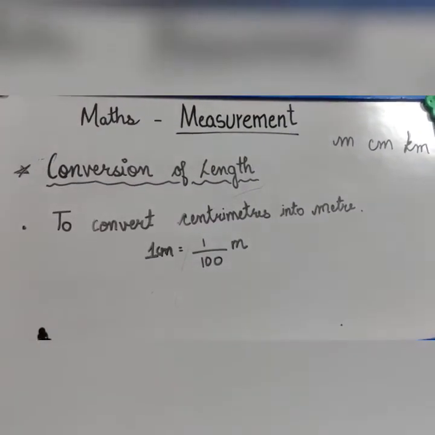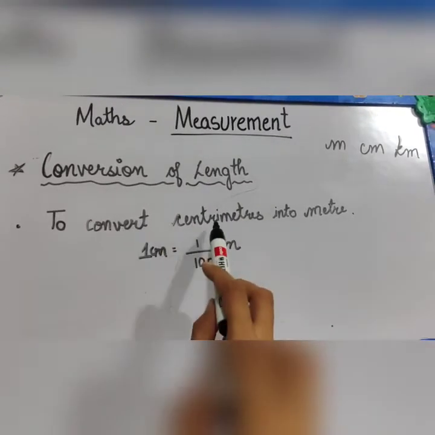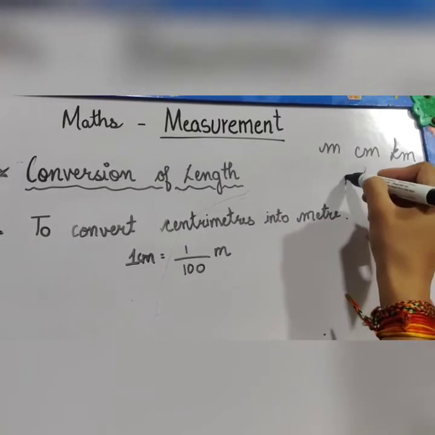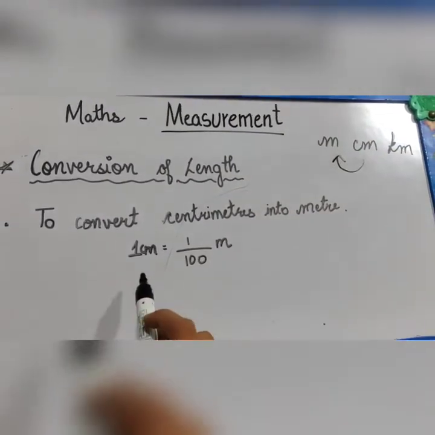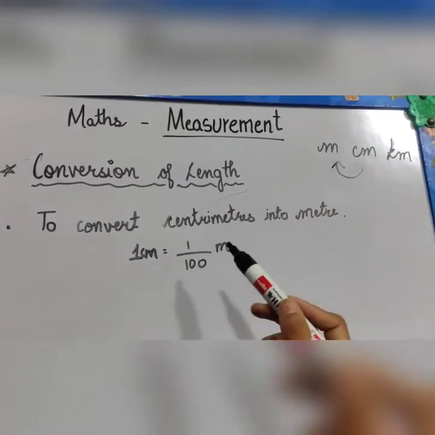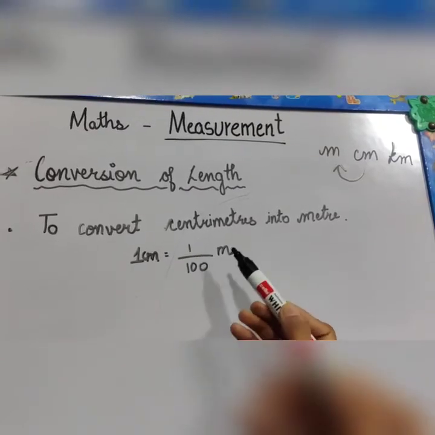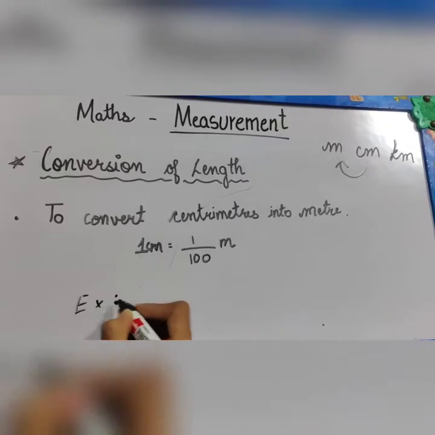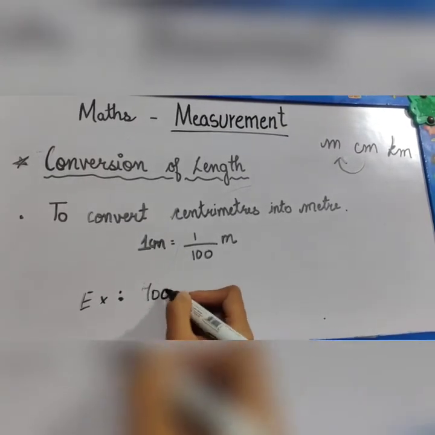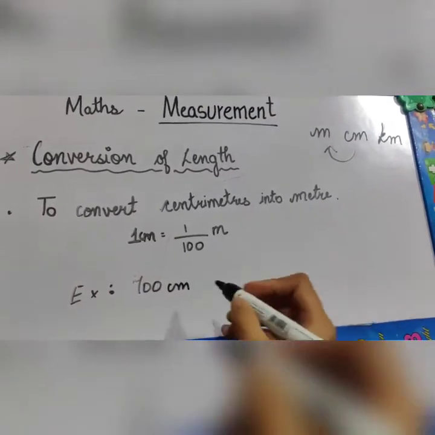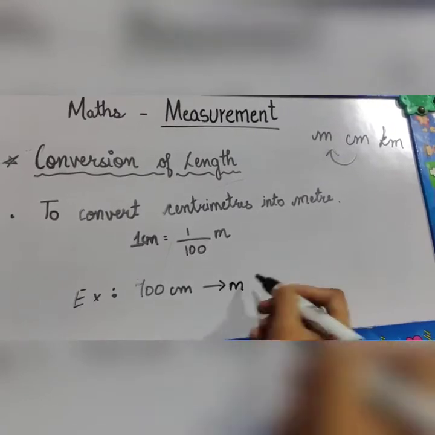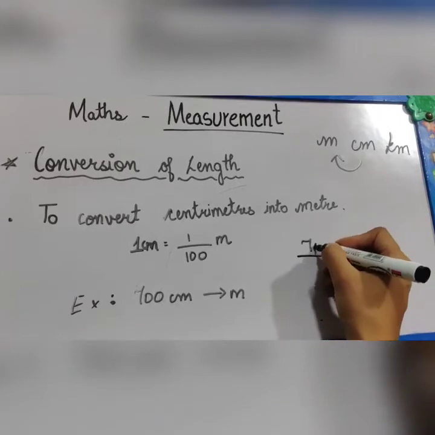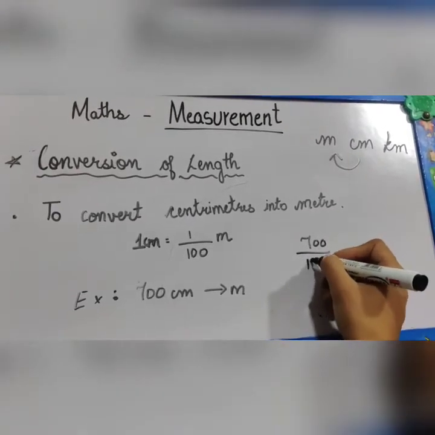Let us do our next conversion. We will convert from centimeter to meter. In this, 1 centimeter is equal to 1 upon 100 meter. See with the example. Suppose we have 700 centimeter and we have to convert this into meter. What will we do? We will divide 700 by 100.